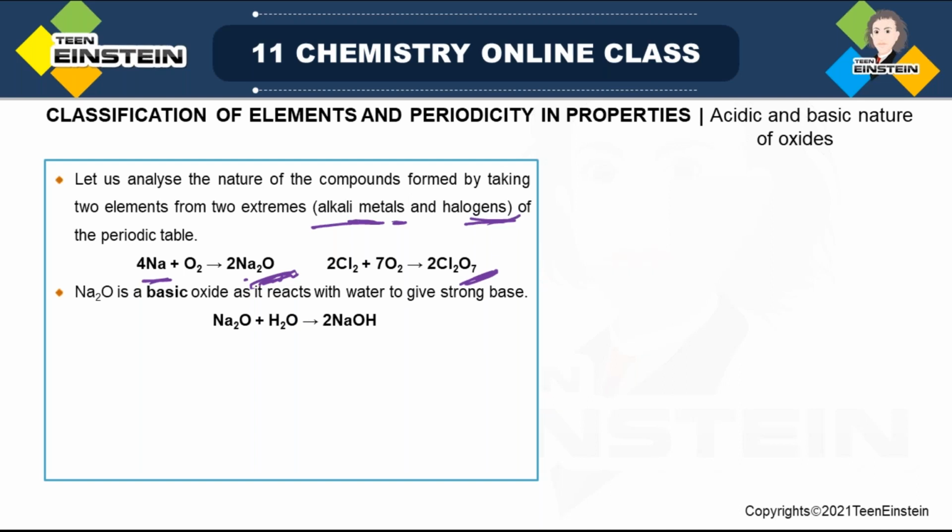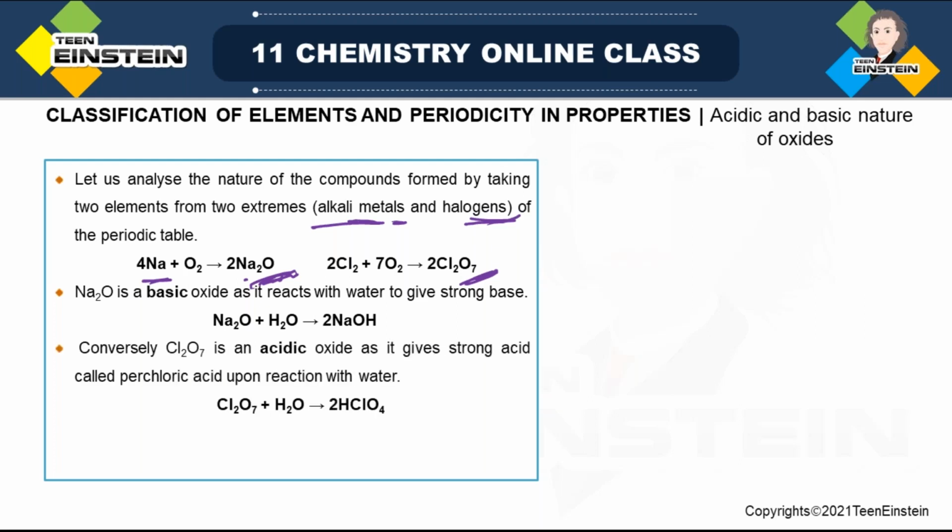Now as it is a basic oxide, when you are adding water to it, the compound that you get will produce a strong base. You know, sodium hydroxide, it is a strong base. Similarly, if you take Cl2O7, as it is acidic, when water is added, you will get this type of acid, which is known as perchloric acid. Though I am saying that there are other types of chlorine oxides also, and if you add water, you will get some different types of acid.